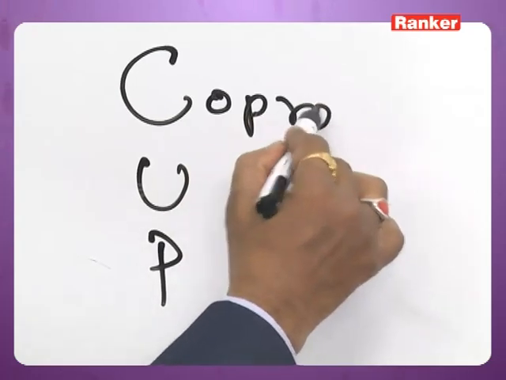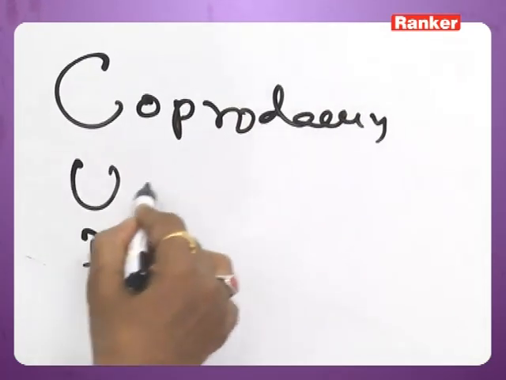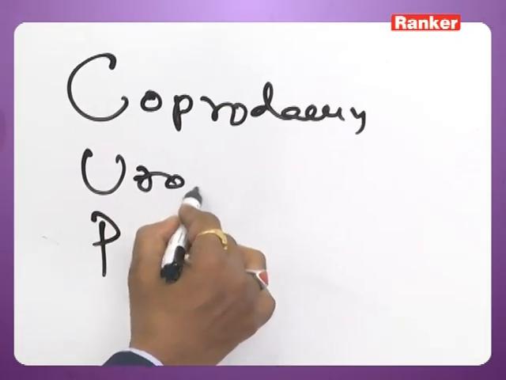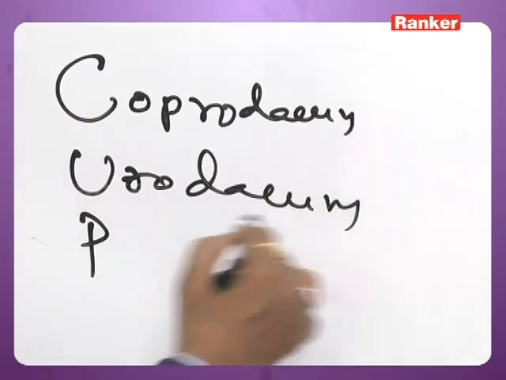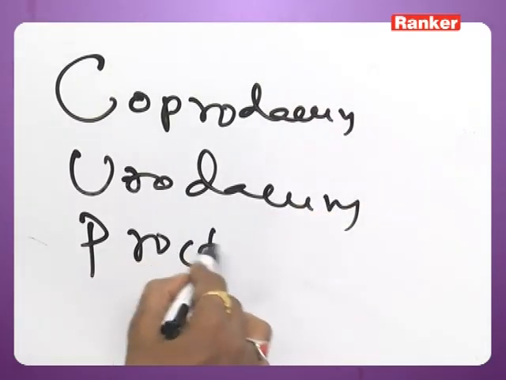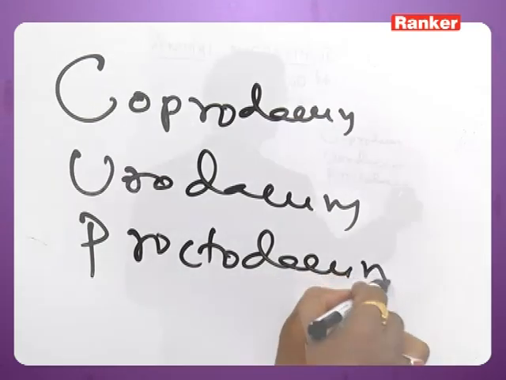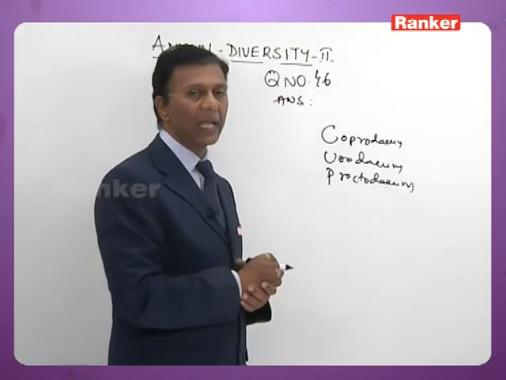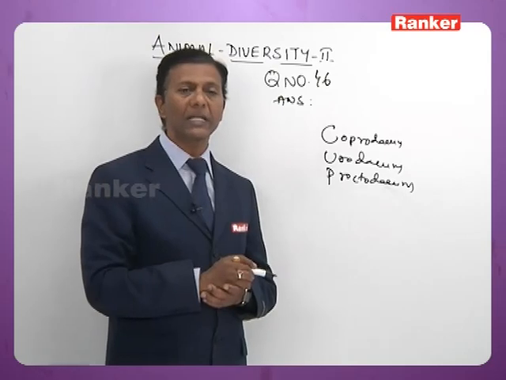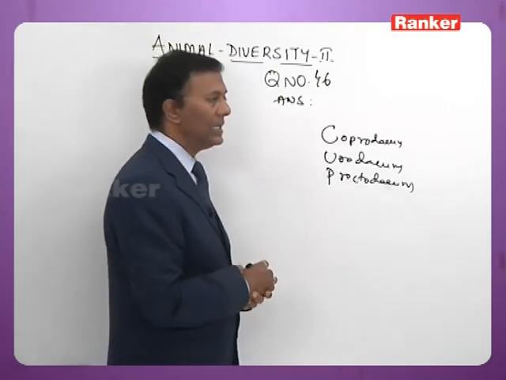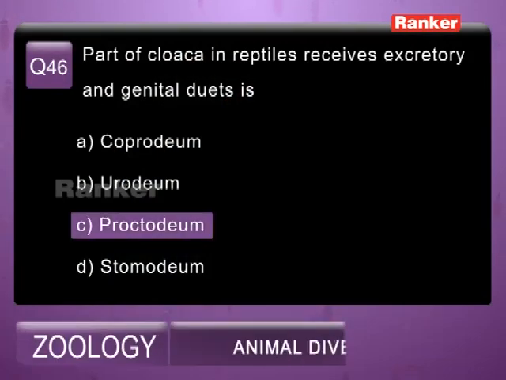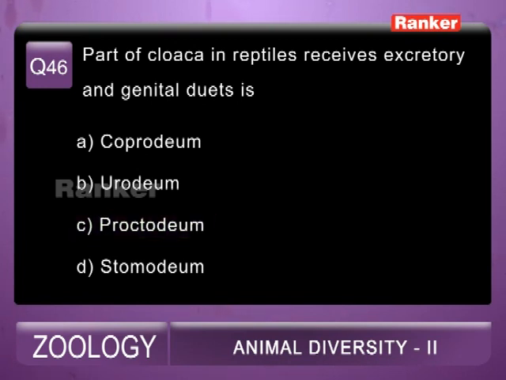First part is called Coprodium, second part is Urodium, third part is Proctodium. So Proctodium is the one that receives genital and excretory products. So the 46th question correct answer is C. Proctodium.